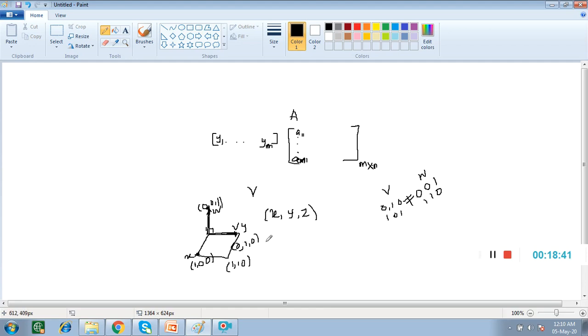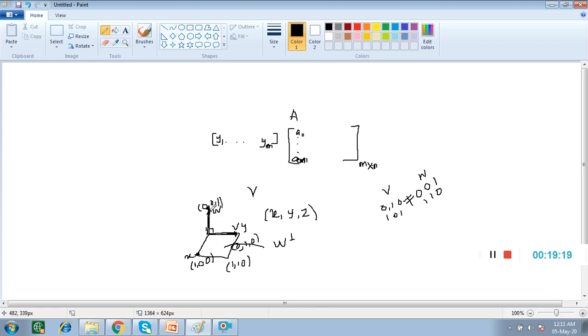Now this W is 0, 0, 1 and its complement is 1, 1, 0, which is represented by a plane. We can see that this W and W perpendicular, this plane, are perpendicular to each other. Whenever we find the complement of a vector, that complemented form is always perpendicular to the original one.